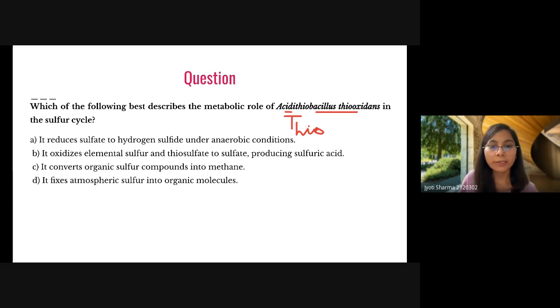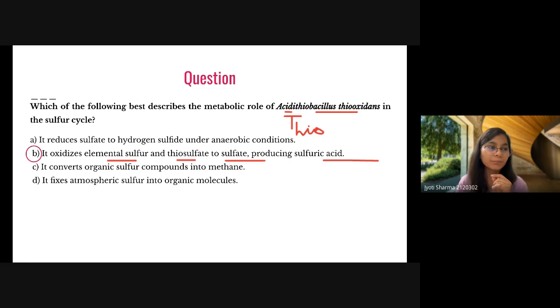So you just need to tell me the metabolic role of this kind of bacteria in the sulfur cycle. Different bacteria have different roles, because they thrive in different conditions, and the metabolism is very different from one bacteria to another. So the metabolic role of Thiobacillus thiooxidans is that it will oxidize elemental sulfur and thiosulfate to sulfate, and this is how it can produce sulfuric acid.